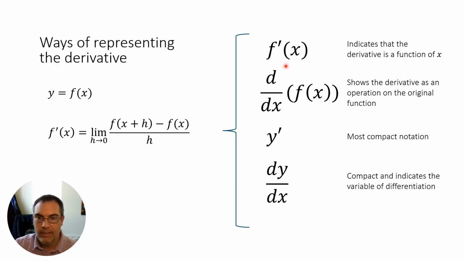There are other ways. Remember Leibniz from the first video on derivatives. Leibniz was one of the early inventors of calculus, and his notation used this d over dx to indicate a derivative operation on the function.